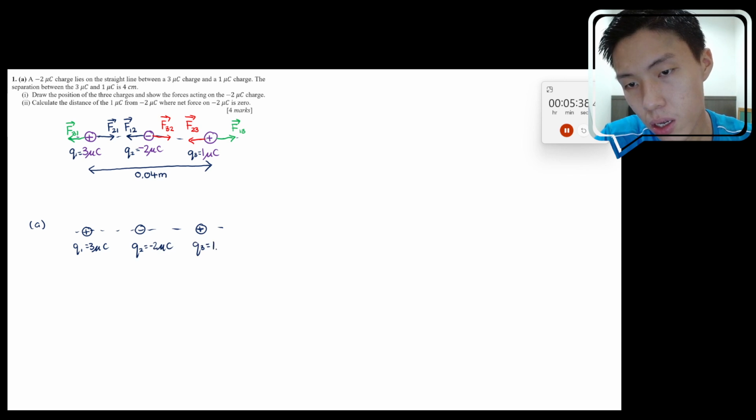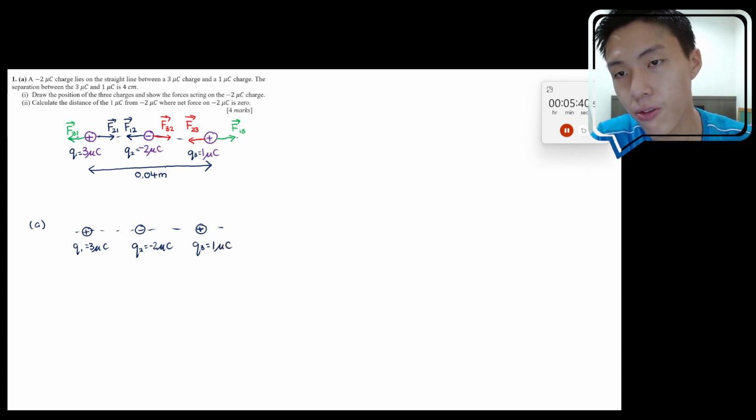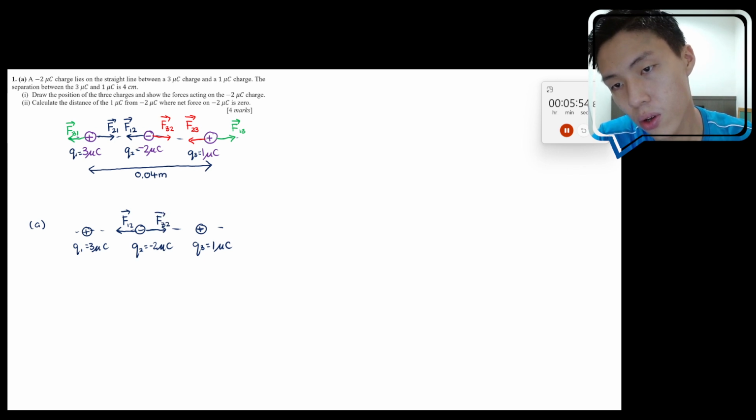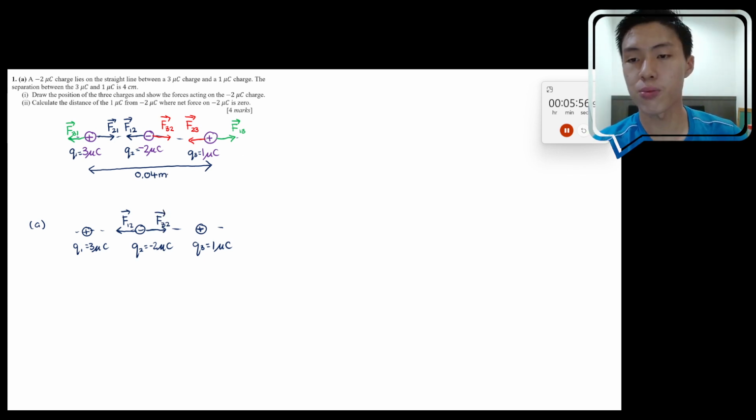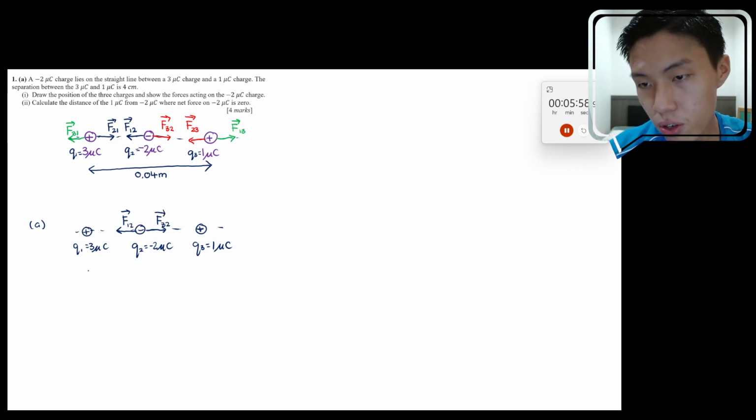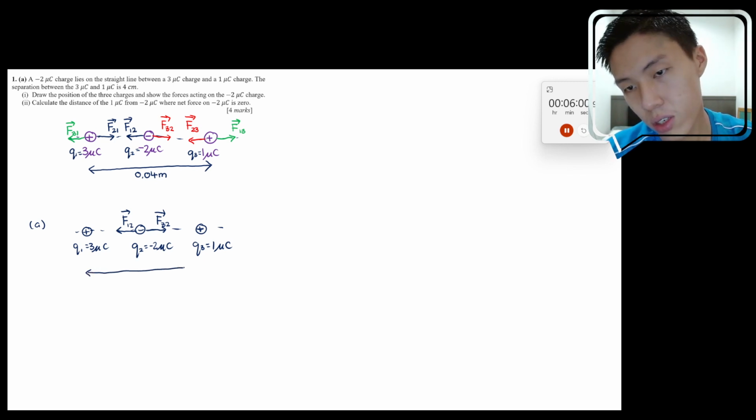Then they are focusing on forces acting on Q2, so you only need to sketch the forces acting on Q2. So this is F12, then this will be F32. Okay, that will be it. Of course you can also label this to be 0.04 meter.